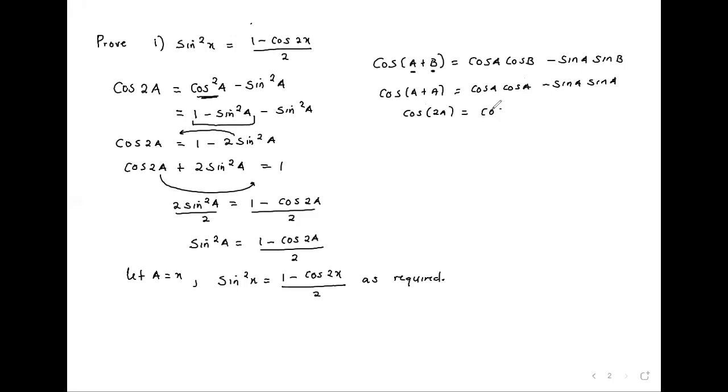Cos times cos is cos squared. Sin times sin is sin squared. So the identity is coming from here.